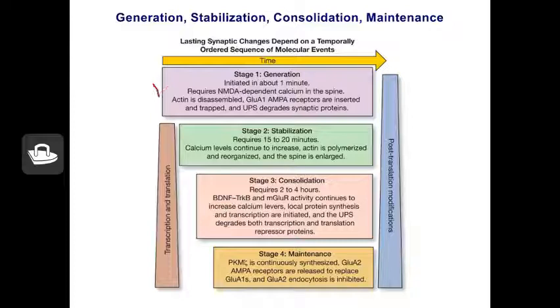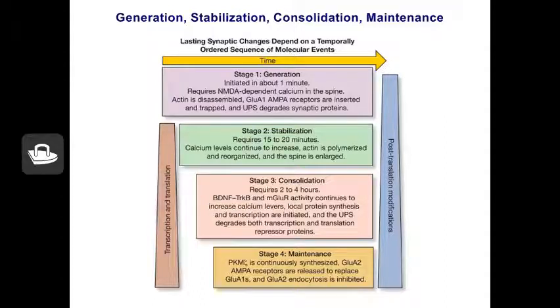So the first stage of LTP is known as generation or induction. And in this stage, within about a minute after the application of tetanic stimulation, NMDA receptors allow in sufficient calcium to activate kinases that phosphorylate mechanisms that accomplish a variety of potentiating functions in the spine.